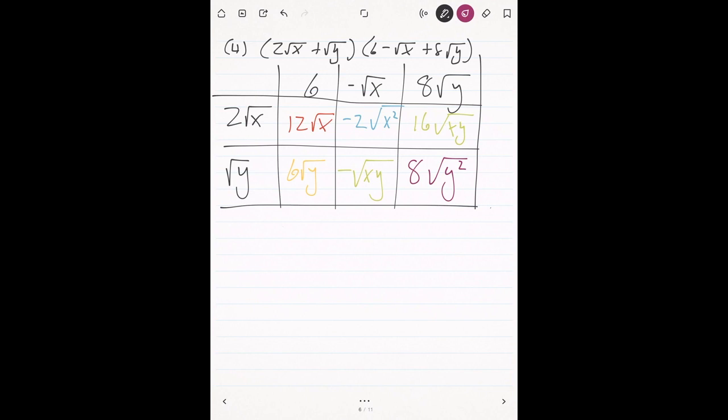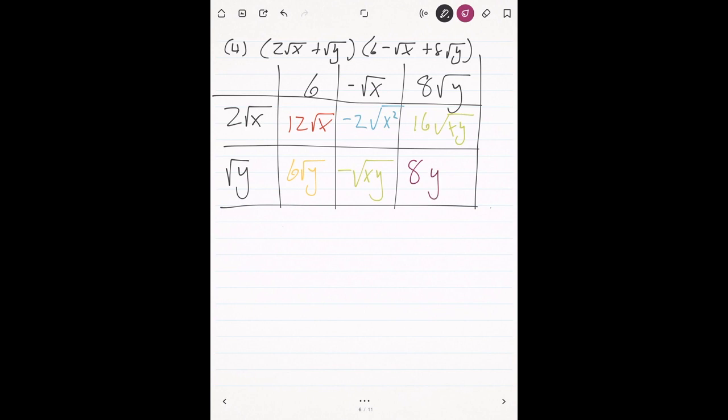What we need to do now is, I think it's first a good idea to see what can simplify down, all right? What can break down? First, I'm noticing, hey, I got a square root of y squared. That can very obviously be broken down. The square root of y squared is just y.